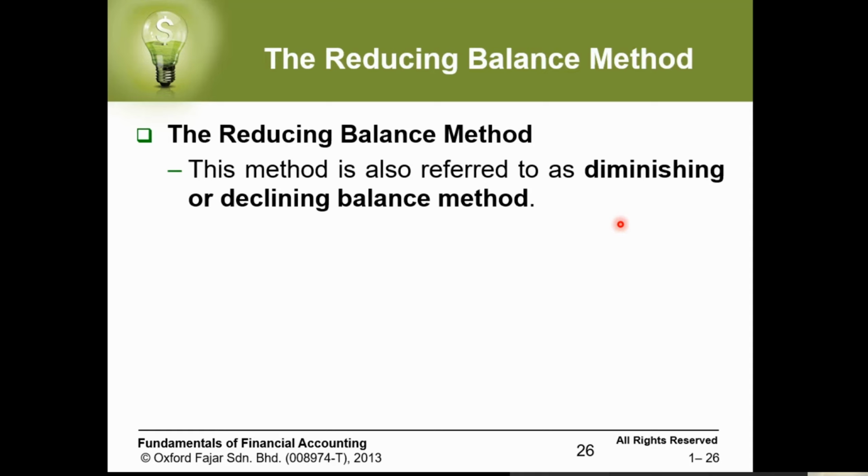Okay, so this is the belief of this method, that the production of the asset is going to be diminishing by years of its usage. So for that reason they try to deduct a bigger amount in the first few years of the life of the asset, then reduce the amount year by year based on usage.